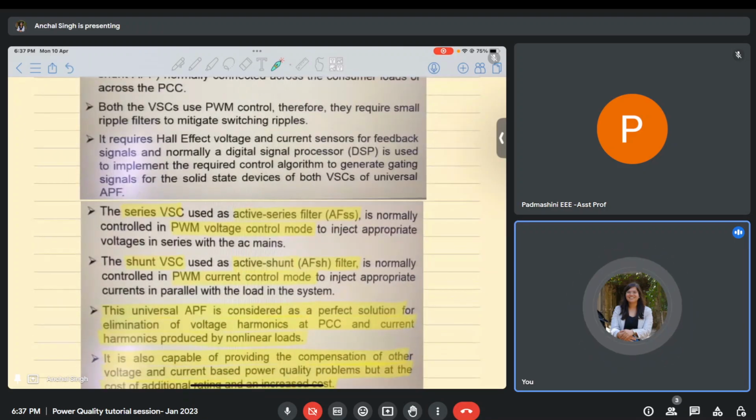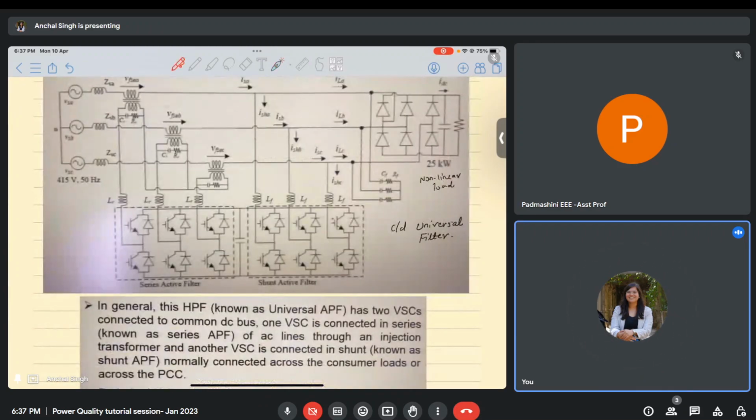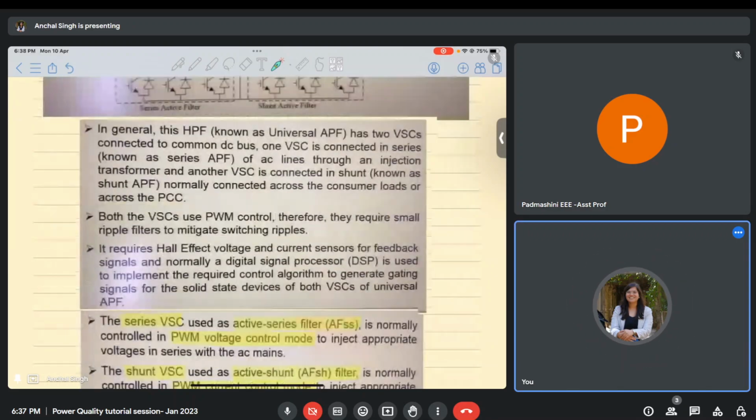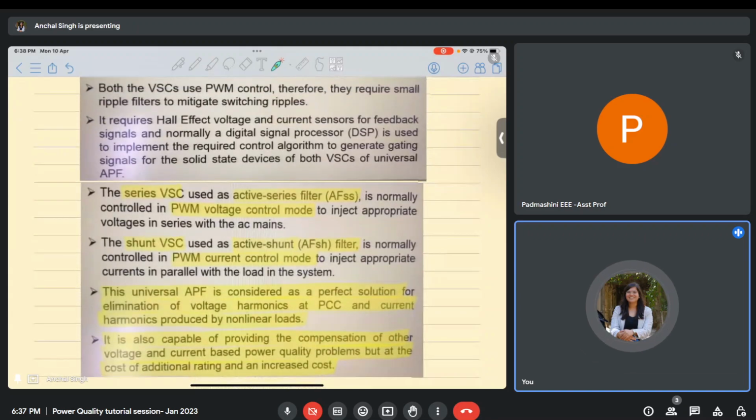For the series VSC, that series VSC is called AFSS, that is active filter in series. We will be denoting it by this for representation. And the shunt filter is called active filter in shunt, just for the purpose of our understanding. This series voltage source converter, in the series part, we'll be using PWM, or pulse width modulation, in voltage control mode, because in series we want to control the voltage parameter.